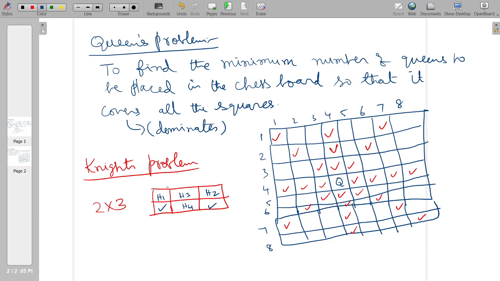Can I reduce the number of horses to be placed? So these are certain problems that were played in those days, and using this we had the definition of a dominating set.